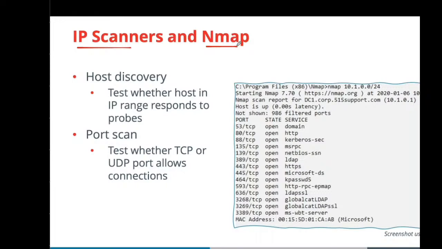So Nmap is there. It mostly utilizes SNMP when it comes to Microsoft systems, the Simple Network Management Protocol. Nmap is one of the most popular open source IP scanners.